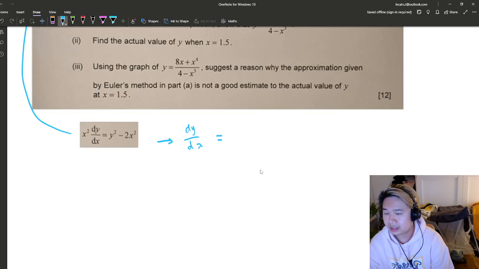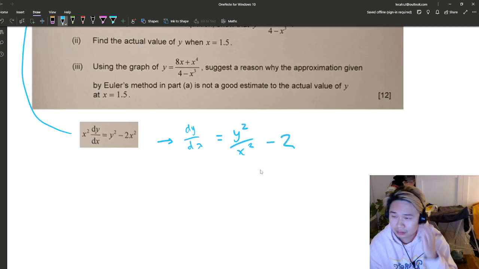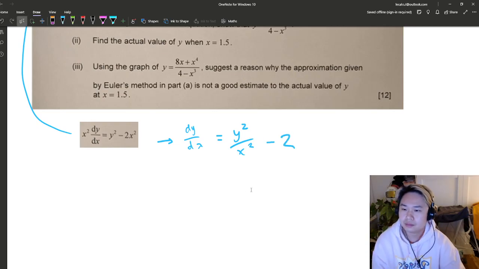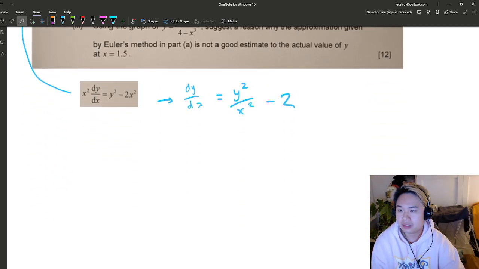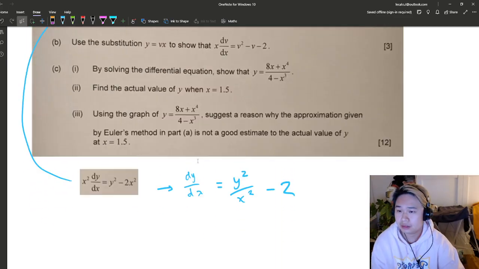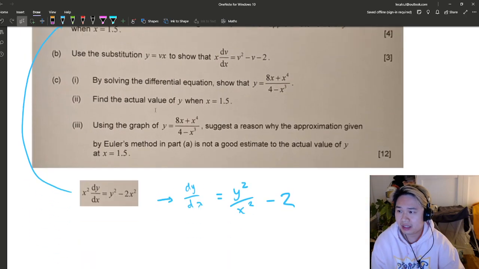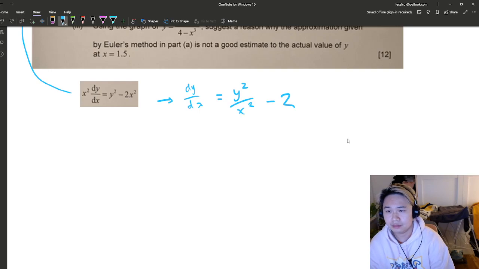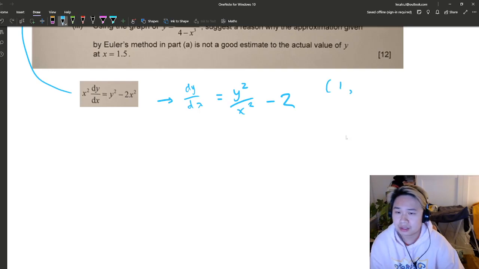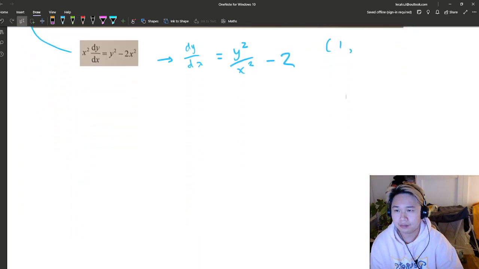This means that this is going to be y squared over x squared minus 2, if I just divide this by x squared. And where am I starting? I'm starting at x is 1 and y is 3.